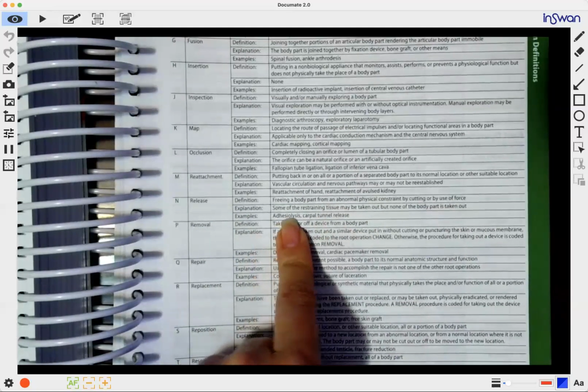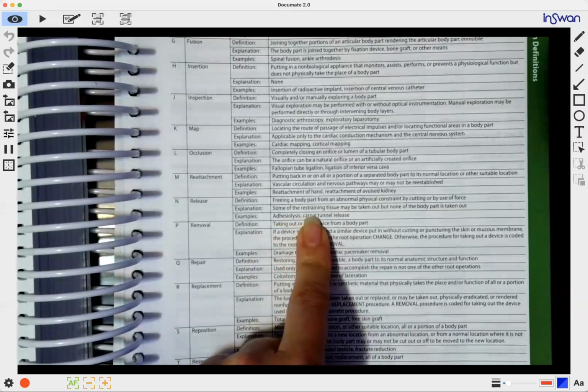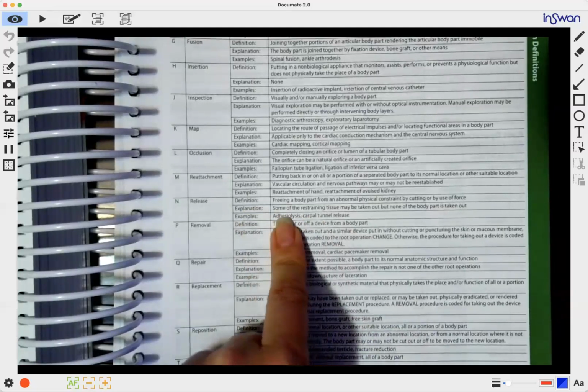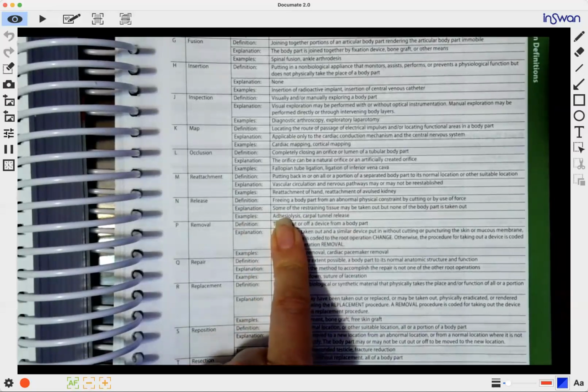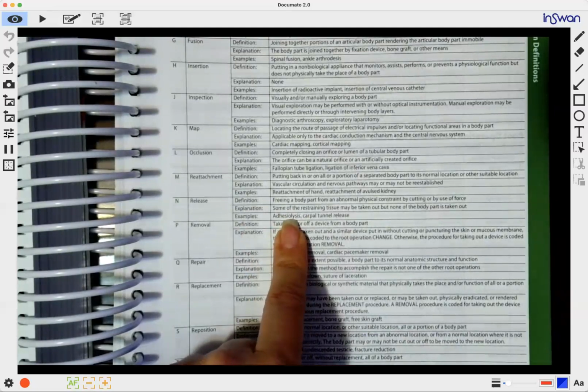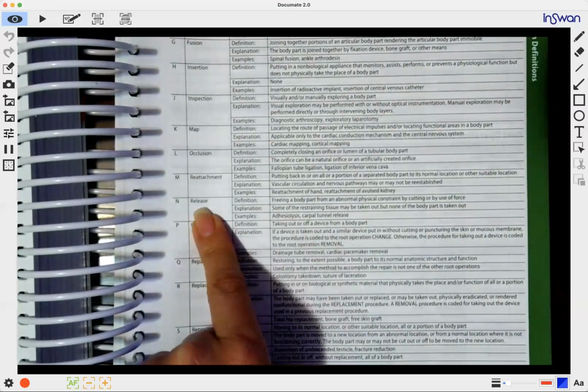Adhesiolysis, so lysis of adhesions would be a release. It's to free, so adhesions, you might have had some kind of abdominal surgery in the past, and the scarring creates adhesions, and maybe a particular body part is restrained now. It's got adhesions to the abdominal wall, and they need to go in and do lysis of adhesions. That would be a release.